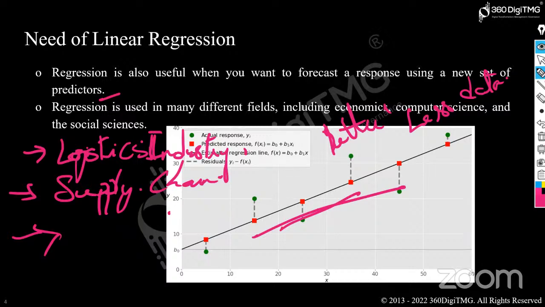So when you look at the formula, you can say y is equal to beta naught plus beta one into x.